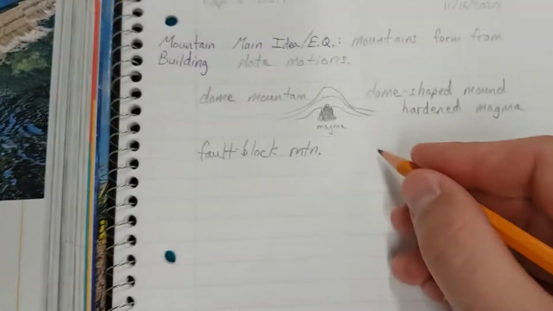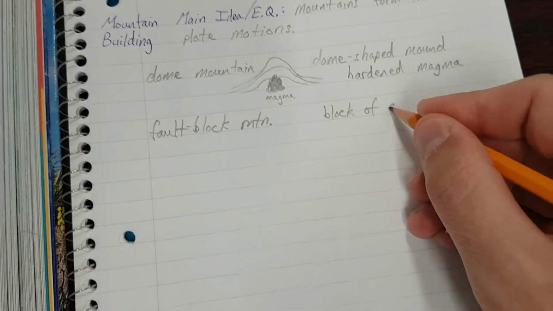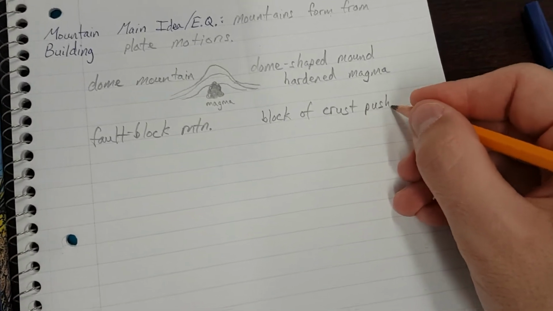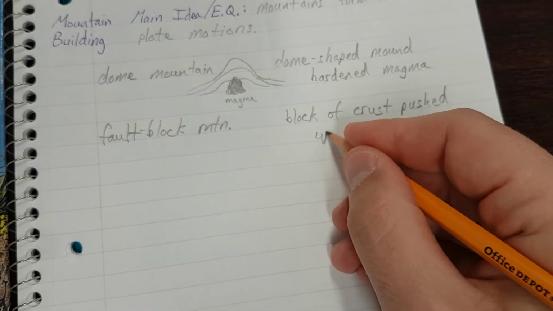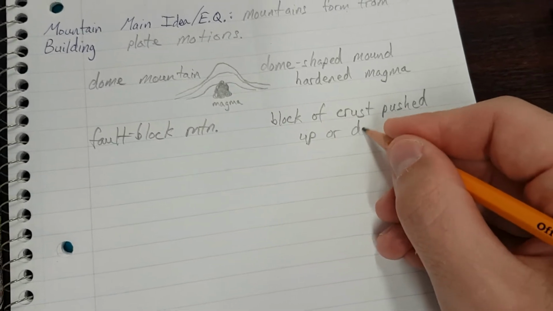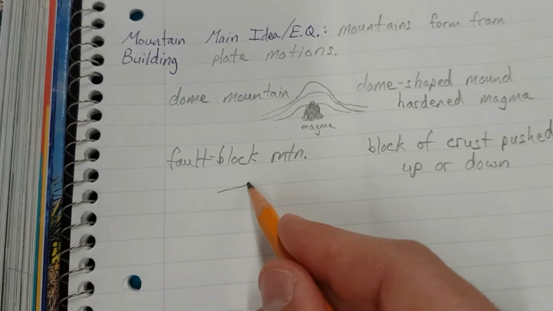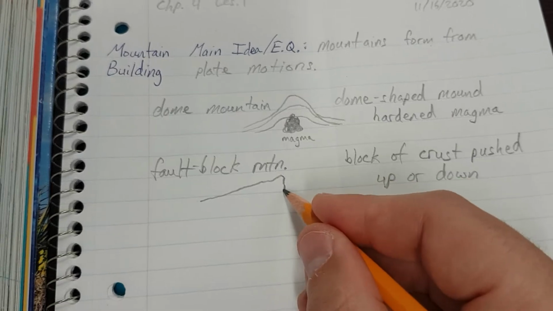Okay, so block of crust, pushed, indent up or down. Okay, let's draw a little picture. I'm going to draw this little squiggly line going up like that, and there's a cliff.